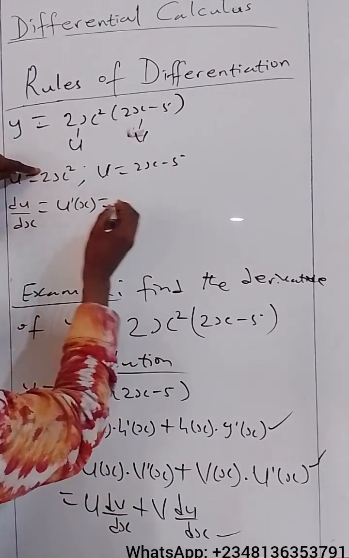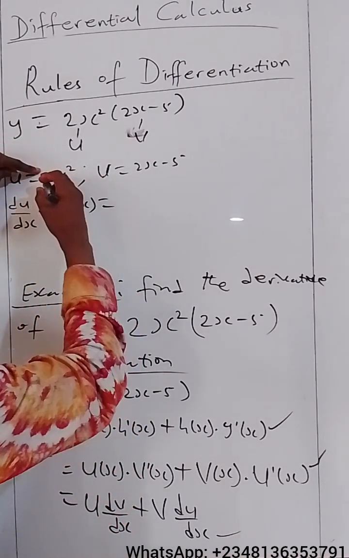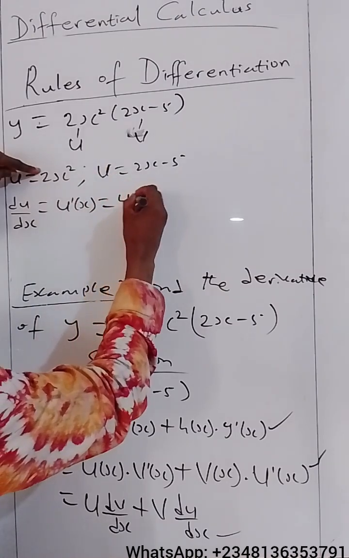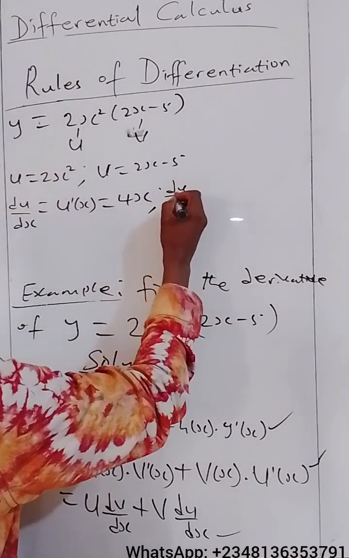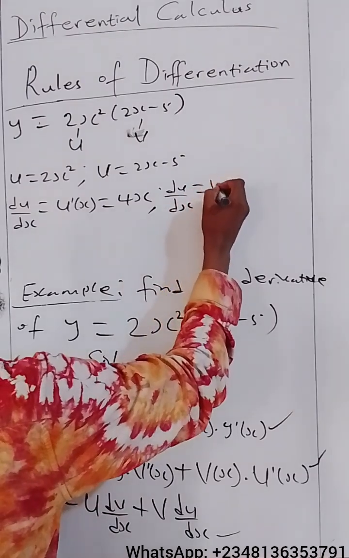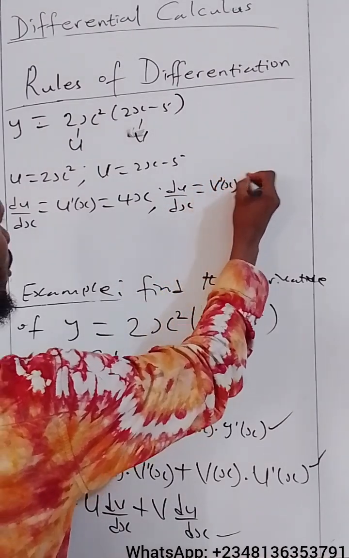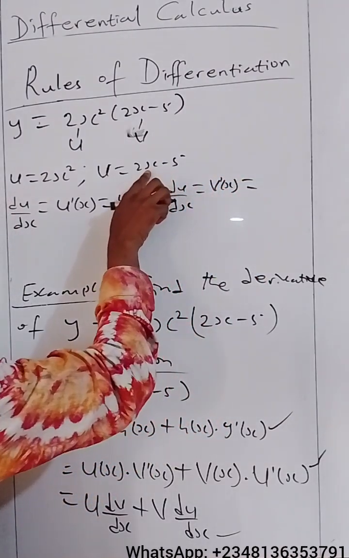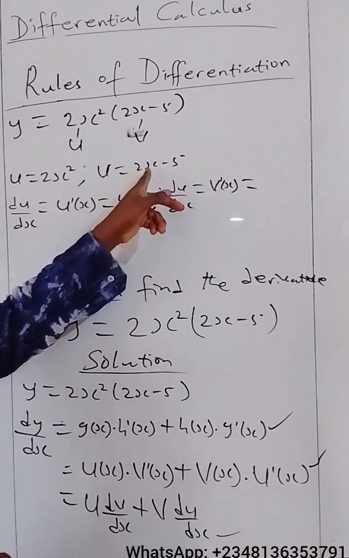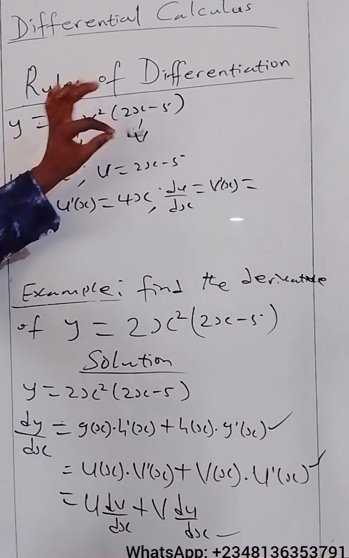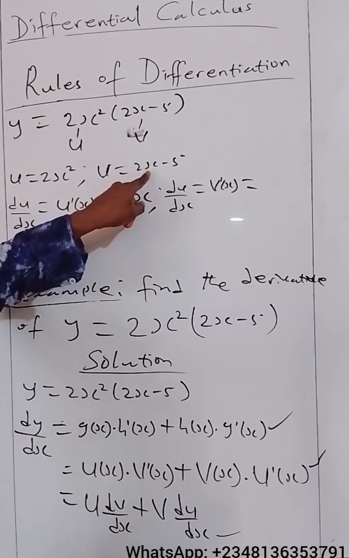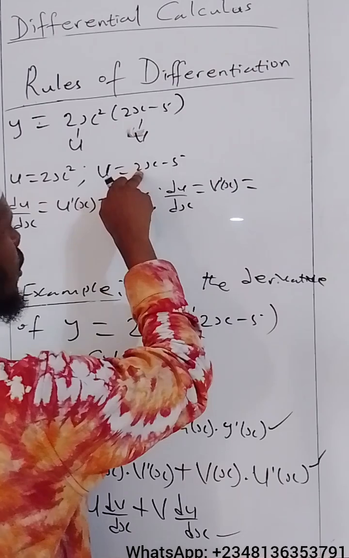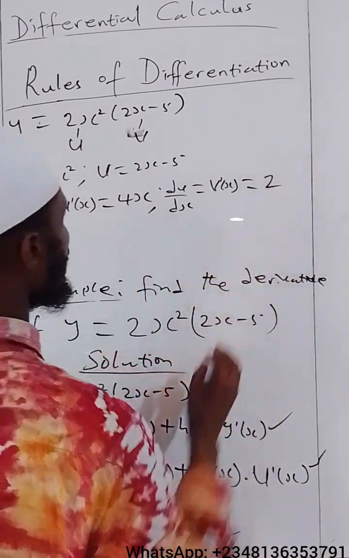So if I multiply these two, that will be 2 times 2, that is 4, so I have 4x. Likewise, I have my dv/dx, which we differentiate with respect to x. Mind you, this is a linear function. So you remember the rule when you differentiate a linear function: the derivative is going to be the coefficient of the variable, which is 2.